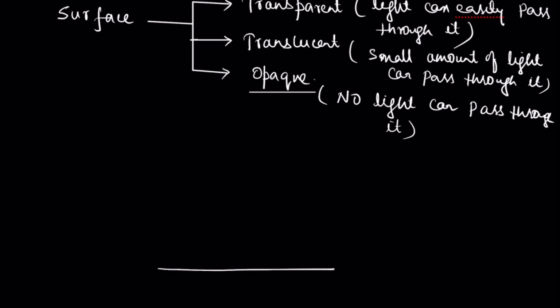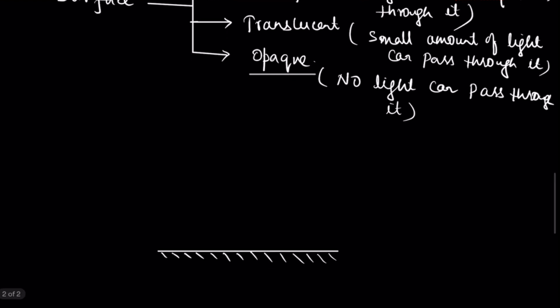If this is our opaque body, the down side we are considering as non-reflecting surface, means light can't reflect on that surface. So this is our non-reflecting surface, and the top one is the reflecting surface.